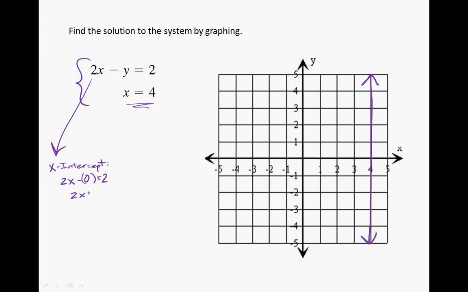So that would be 2x equals 2 and x is 1. And I'll put a point at 1. Then I'll find the y-intercept. So that means I'll put in 0 for x and solve for y. So that would mean negative y is 2. Therefore, the y-intercept is negative 2.